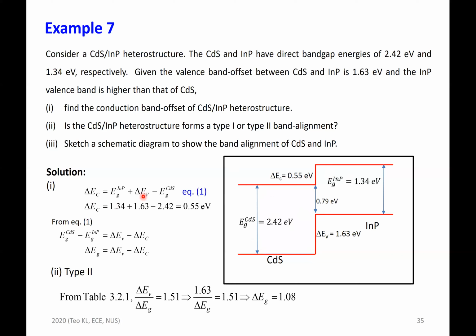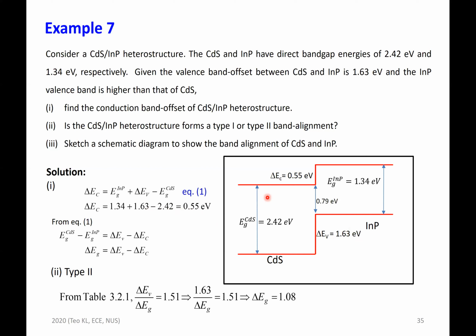So that is the equation. Instead of using the schematic diagram you have drawn, you can calculate the value from here: indium phosphide 1.34, valence band offset 1.63, cadmium sulfide 2.42, which gives you 0.55 eV.